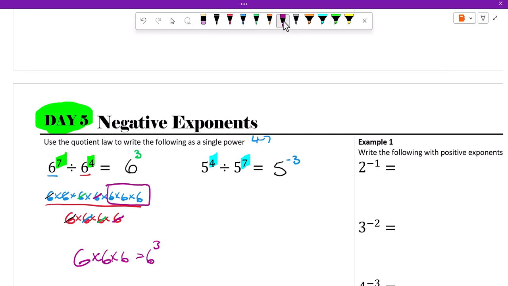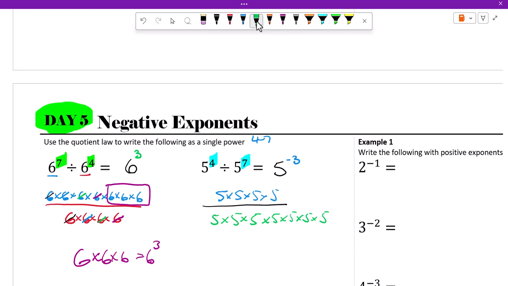Okay. Now if we do the same thing for this question, the numbers are reversed. On the top, we have our 4 fives, 1, 2, 3, 4. On the bottom, we have our 7 fives, 1, 2, 3, 4, 5, 6, 7. The process of executing this is the same as before.